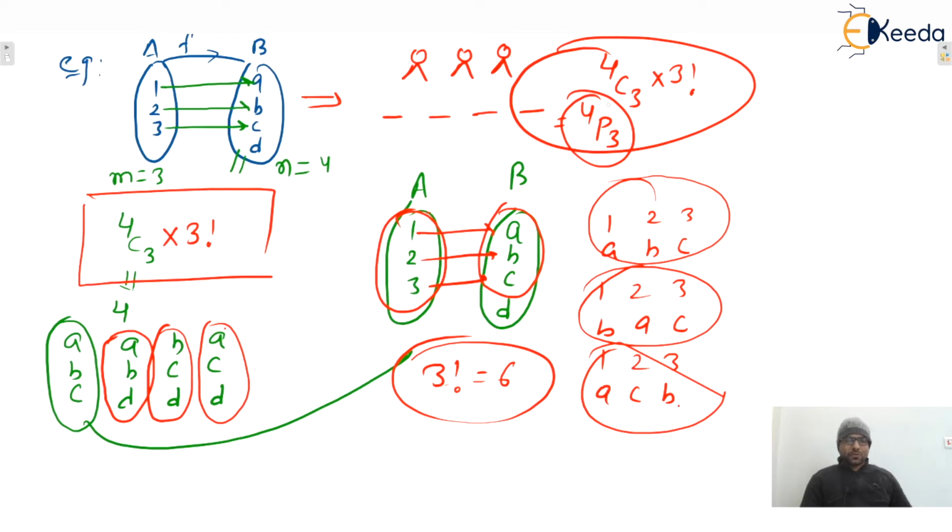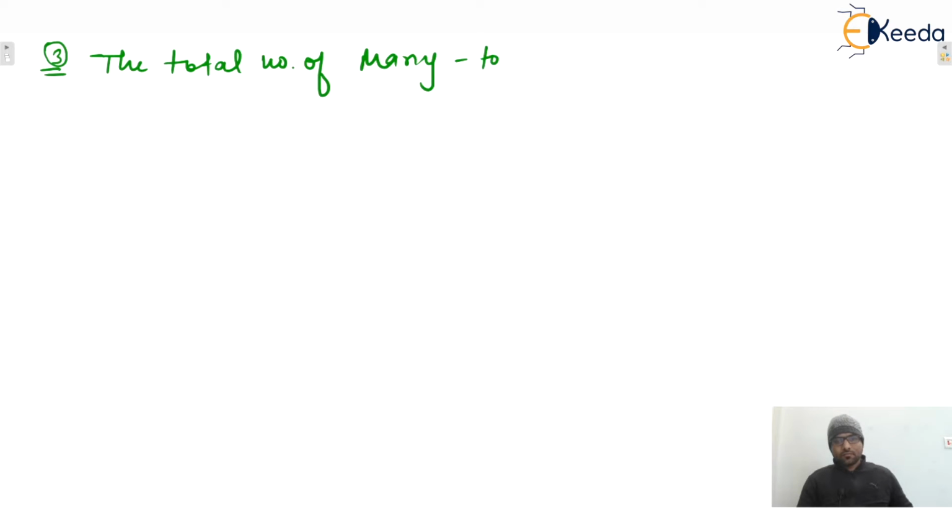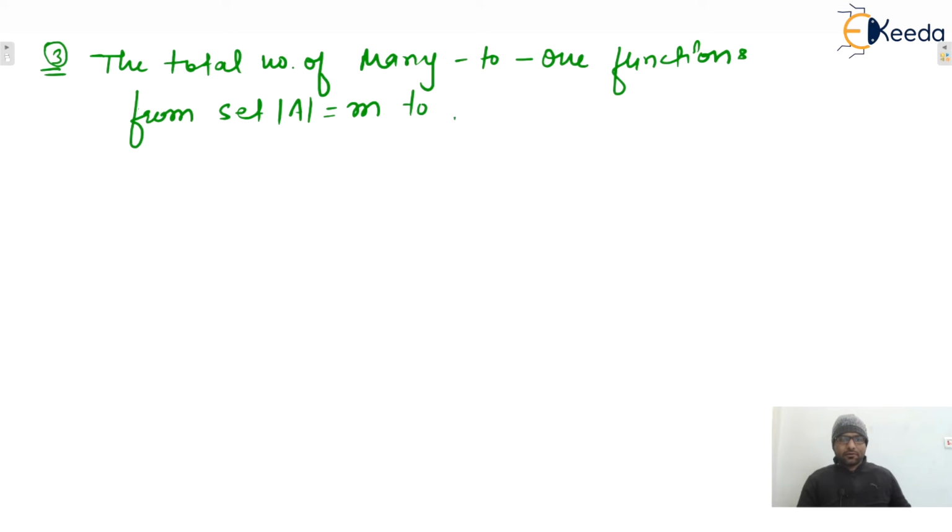Okay. Next one, write down the third point. In the third point you can see that the total number of many to one functions from set A whose cardinality equals M to a set B which has cardinality equals N is equal to the total number of functions, n raised to power M, minus the number of one to one functions.